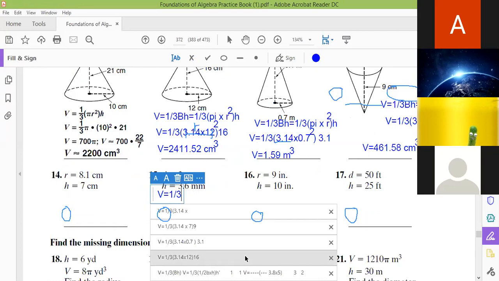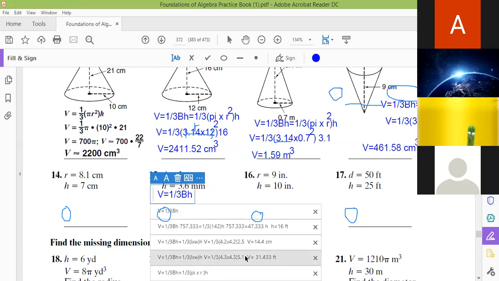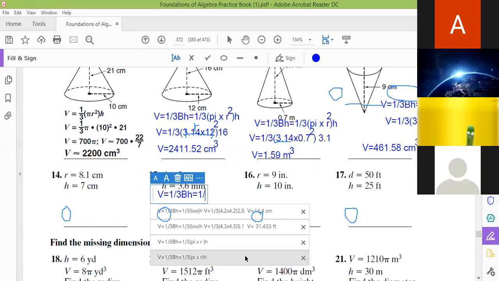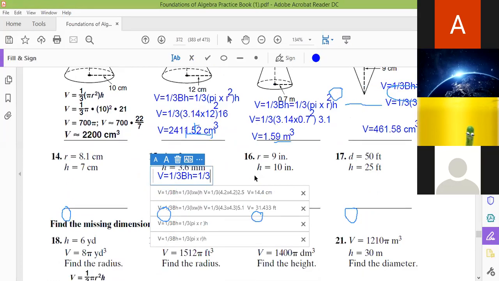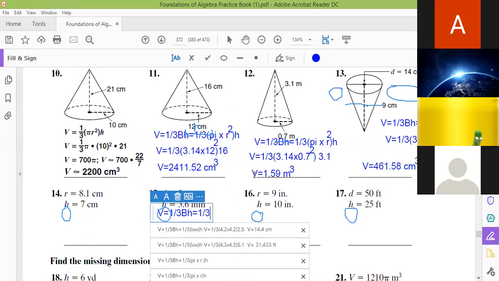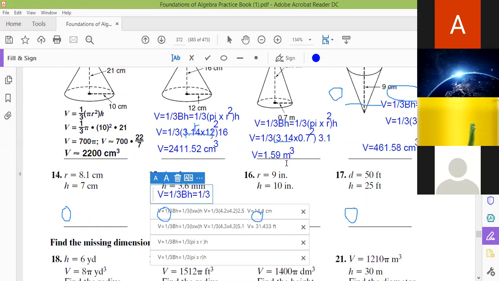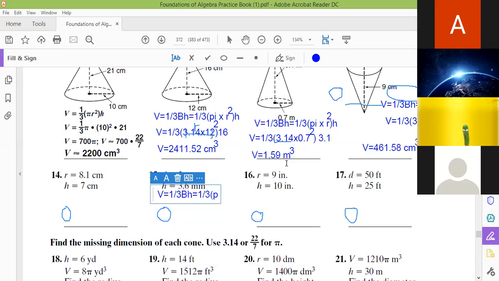Which base? It's a circle actually. Then you can say pi. I'm writing the formula. Pi times r square times height.